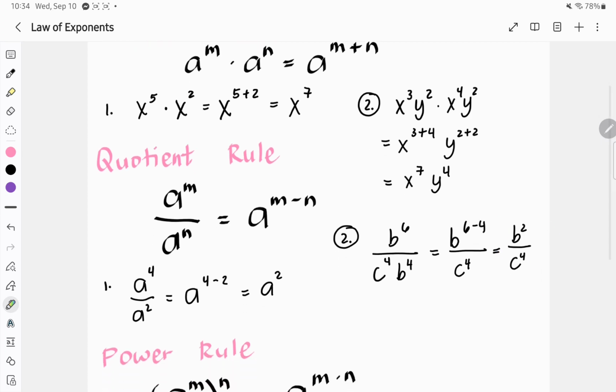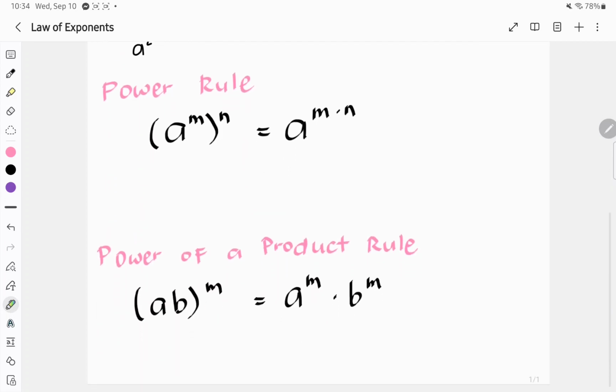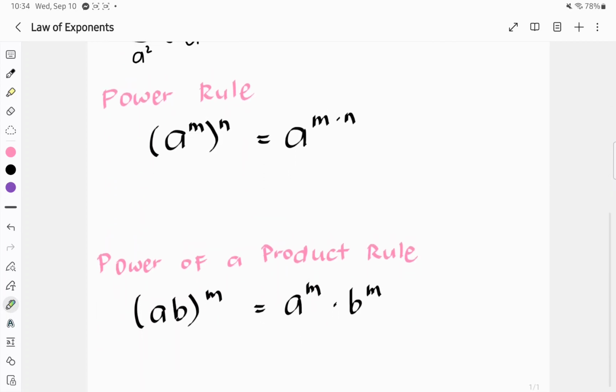Okay. Now we go to the third and fourth rules: the power rule and the power of a product rule. In the power rule, that is a raised to m raised to n. The exponent is raised to another exponent. That is simply a raised to m times n. So you have one base, and the exponent is raised to another exponent.